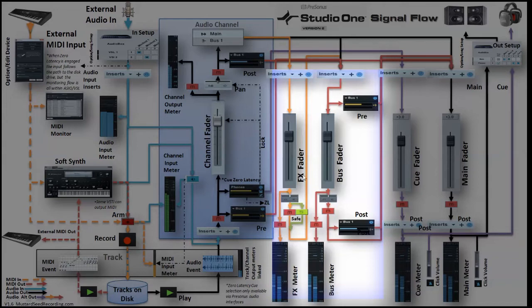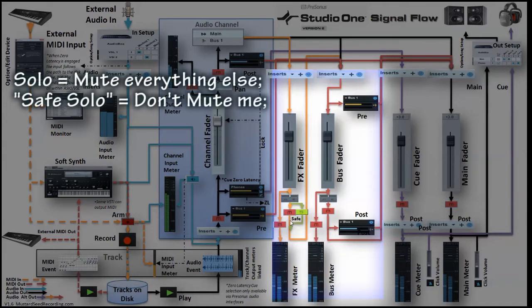this guy is saved from that muting process, because what a solo really does in Studio One is just mute everything else. I don't have the solo buttons demonstrated on this diagram because they're nothing more than the opposite of muting everything. So in other words, a solo equals mute everything else, with the exception of when I put the solo safe on.